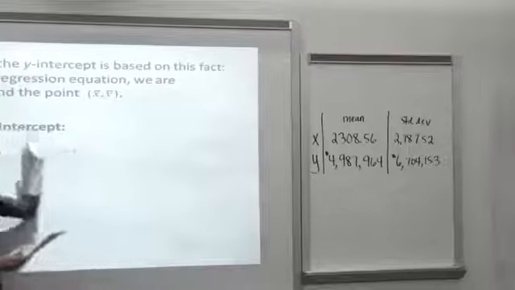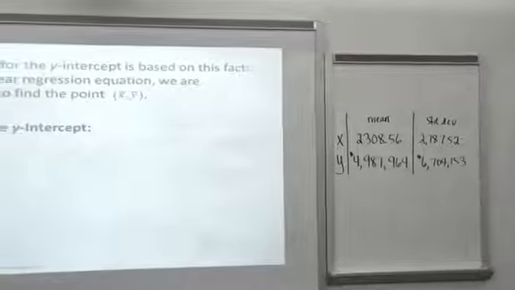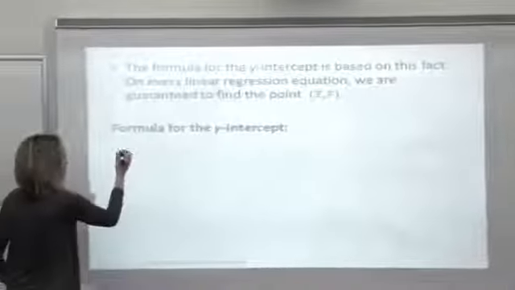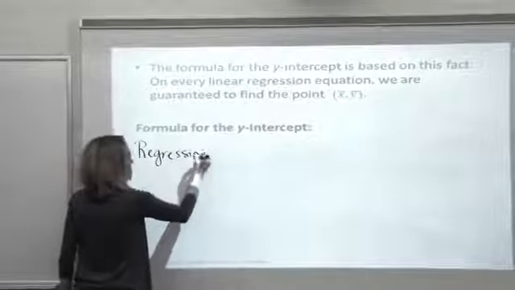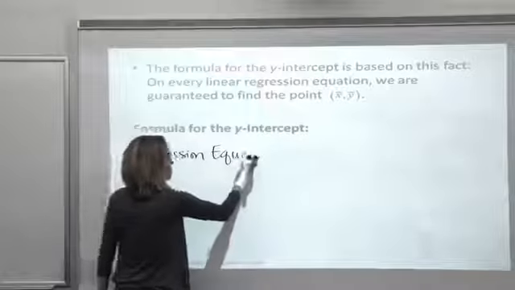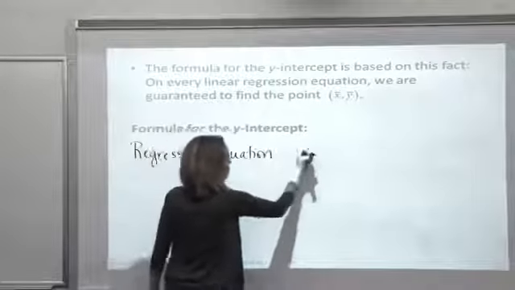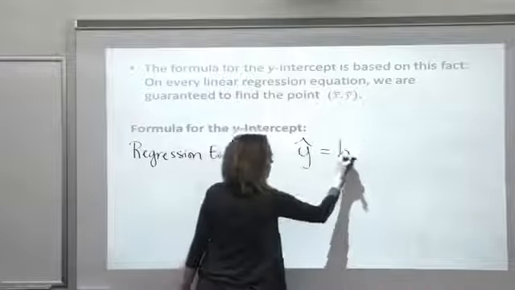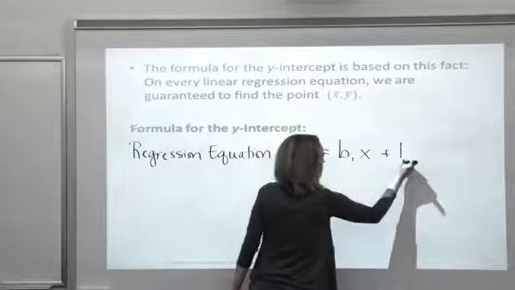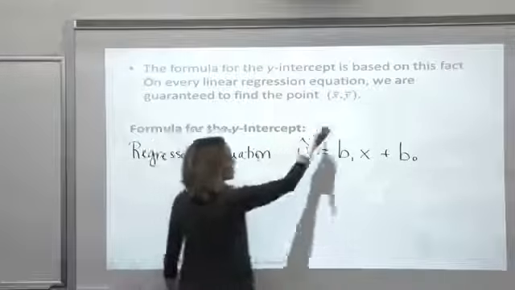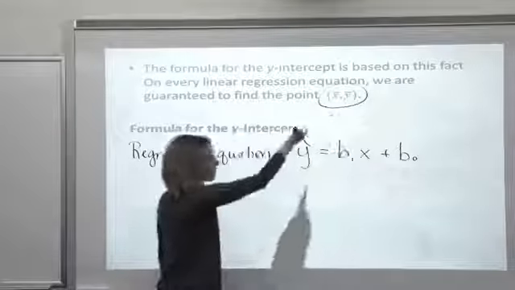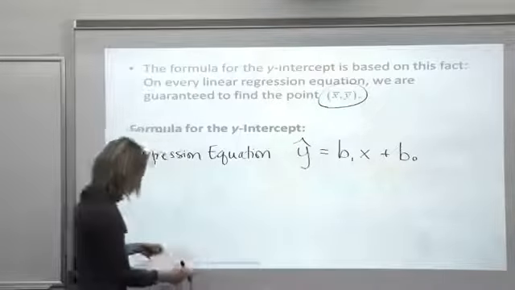We're going to use that fact to figure out the formula here for the y-intercept. If we think about our regression equation, the general form looks like this. And now I'm going to use the fact that this is a point on the line. So I'm going to plug that ordered pair into the line.